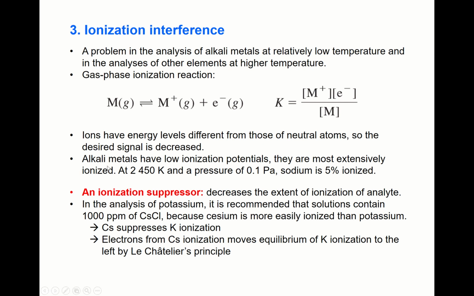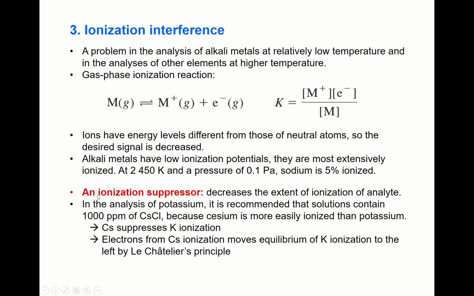At 2450 Kelvin and a pressure of 0.1 Pascal, sodium is 5% ionized. This is a great percent, right? So this ionization interference problem is mostly for the alkaline metals.